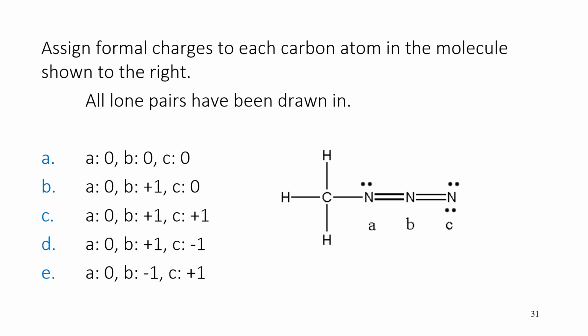Again, remember our formula. The formal charge is the number of valence electrons minus the number of bonds plus the number of unshared electrons. So herein, we have the carbon with 0. The nitrogen, you should have calculated, nitrogen A would be 0.